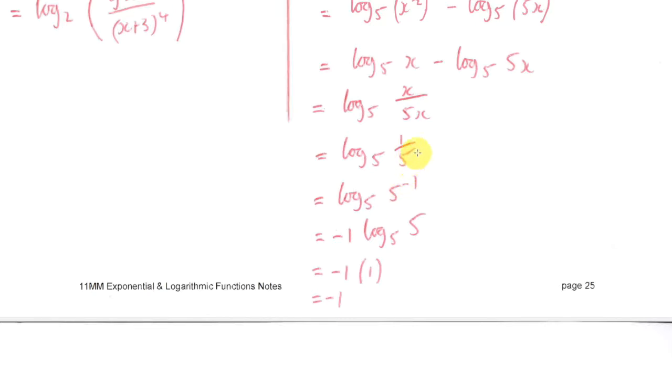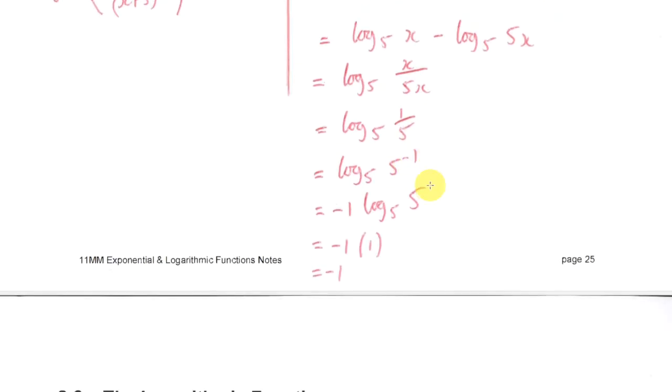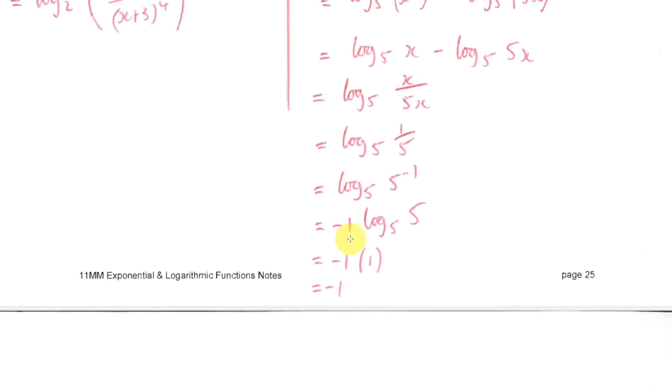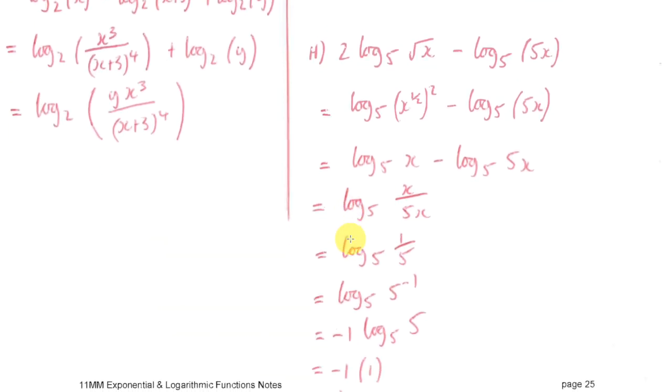So instead of being 5 to the power of 1, it's now 5 to the power of -1. The -1 can come down the front of the log. So it's -1 multiplied by log base 5 of 5. And of course, log base 5 of 5 can simplify to being 1. So now we have -1 times 1, which is just -1. So all of that, which looks really complicated, is just equal to -1.